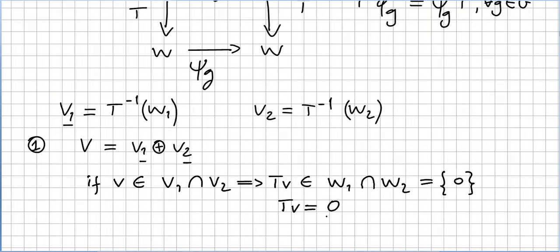But do not forget that T is injective, and since T is injective, this small v in the big V has to be 0.